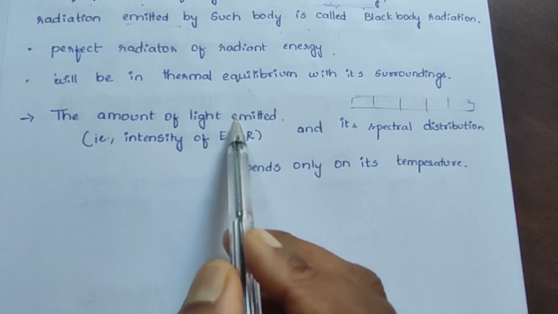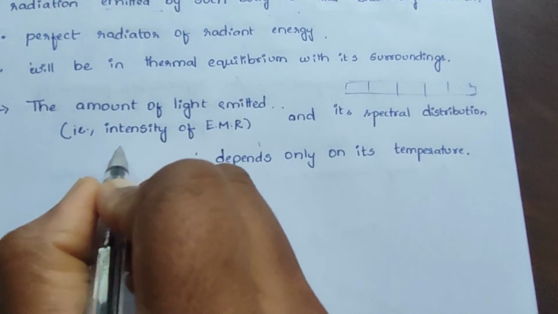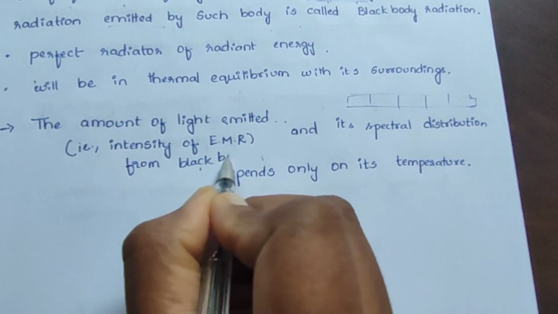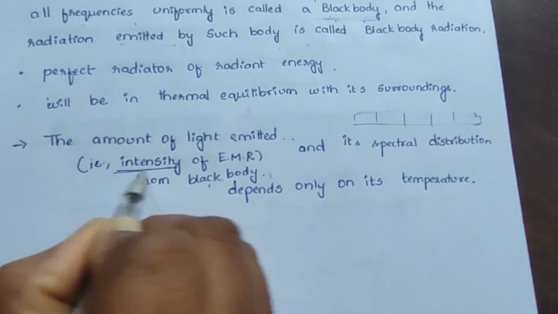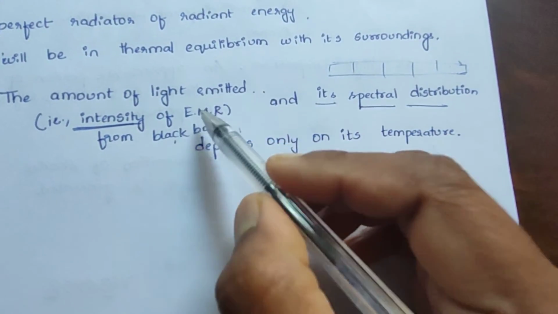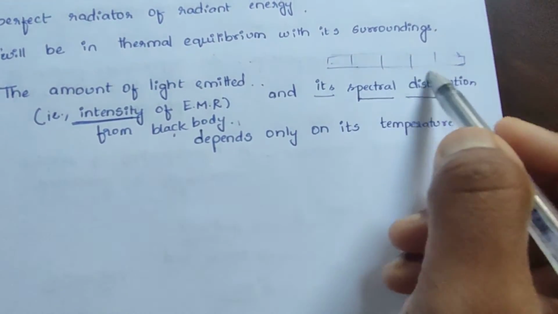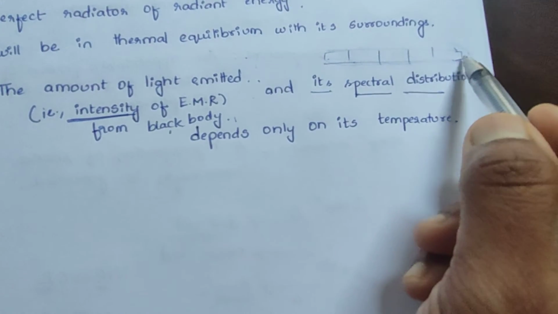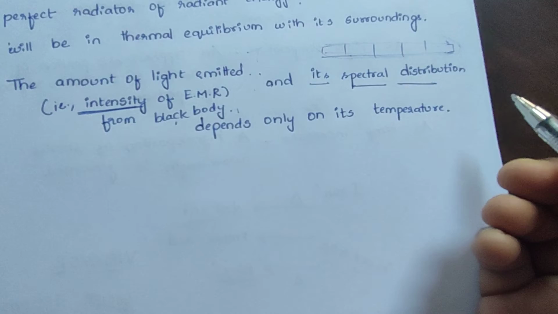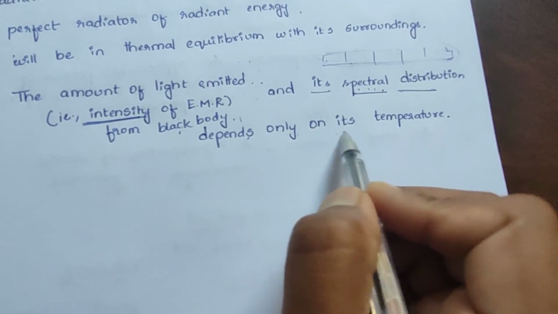So the intensity and its spectral distribution, that is the wavelength of these emitted electromagnetic radiations, corresponds to a particular region in the electromagnetic spectrum, that may be the visible region or ultraviolet region or infrared region. This spectral distribution depends only on its temperature.